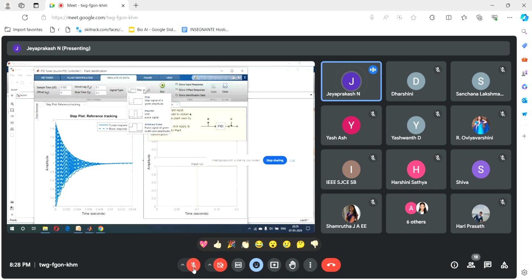Give a step input, either step or impulse. I am going to take a step input. The step value I am not choosing as 1, I am taking 0.3, which is the duty ratio value. After that you can run the simulation.